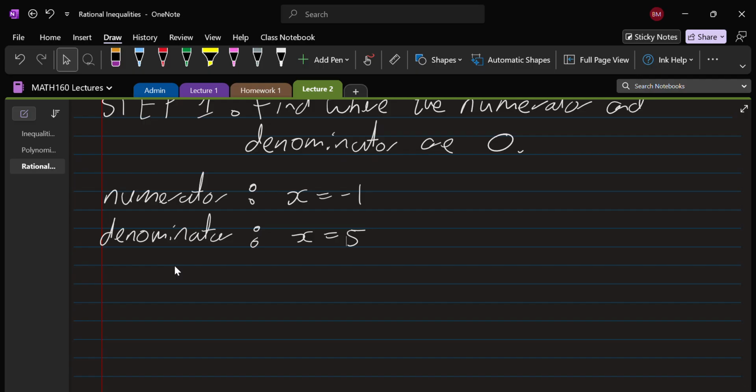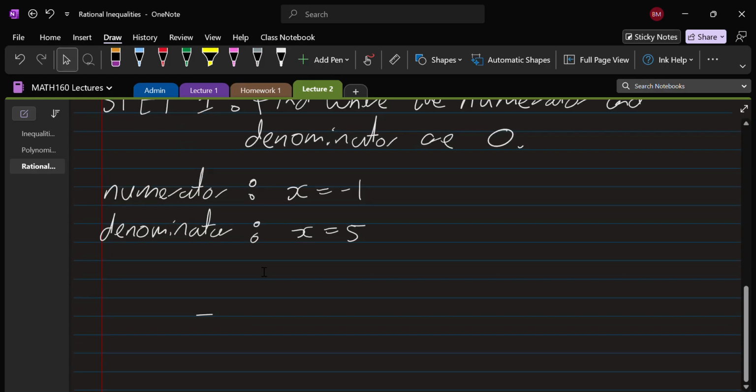Step 2 is we draw a number line, exactly the same as how you do with those critical values. So we're going to have some number line. Sorry, this pen, I think the battery is dying. But all of this should be familiar, right?